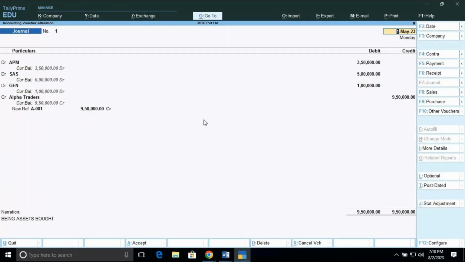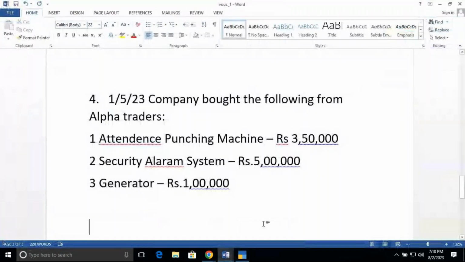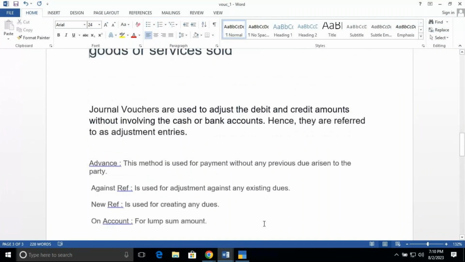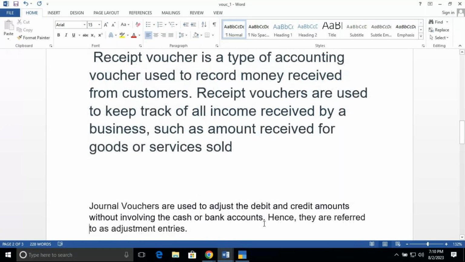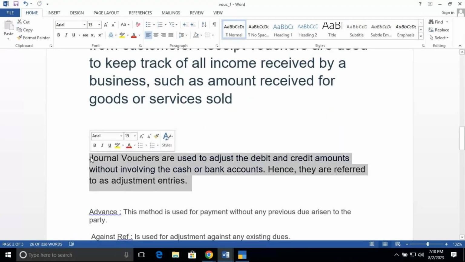All of you please make a note of this. Definition for voucher type number 4, journal. Journal voucher. Write down: function key F7.